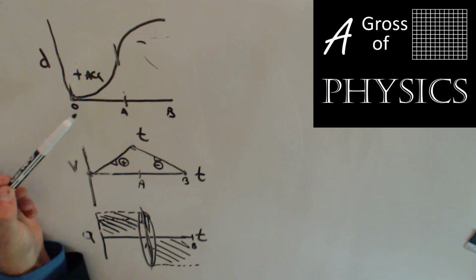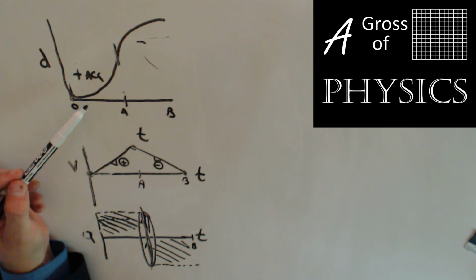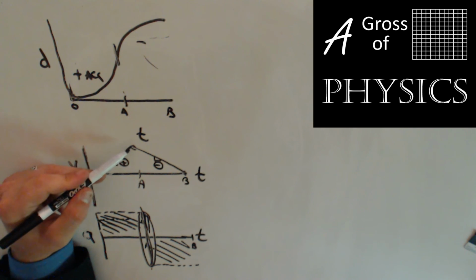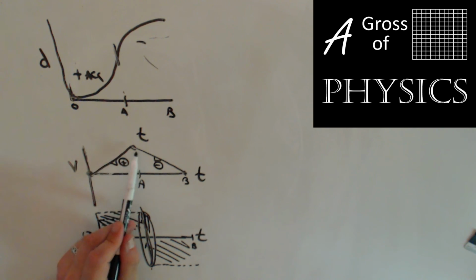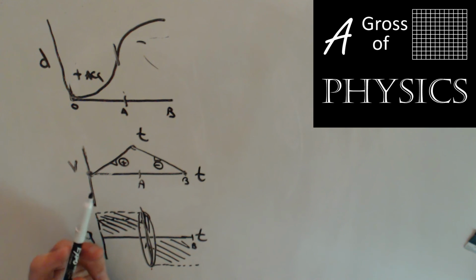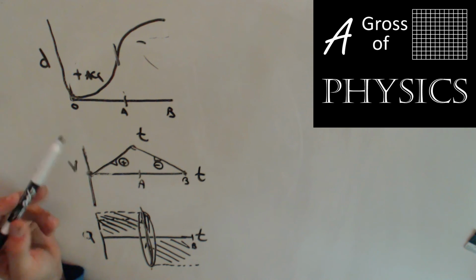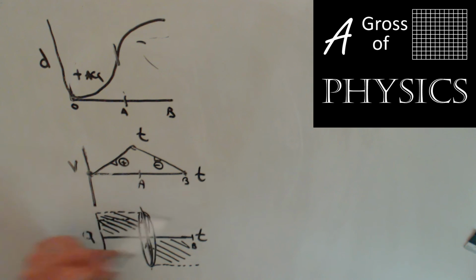So this curve here, which looks kind of weird, shows two distinct segments, a positive velocity increase and a velocity decrease, and then acceleration as positive and acceleration as negative. So this graph right here shows an object speeding up and then slowing down.